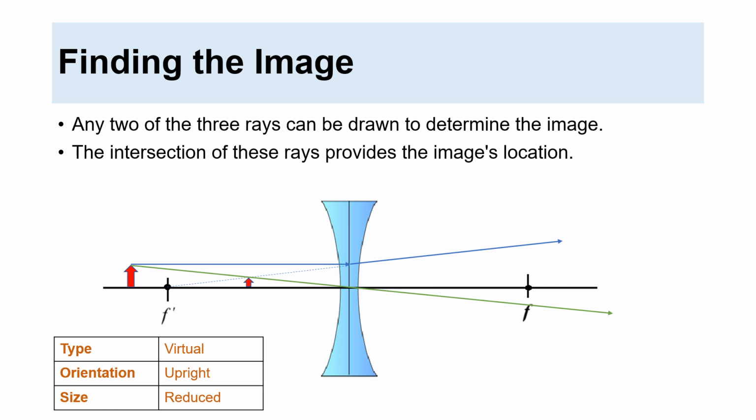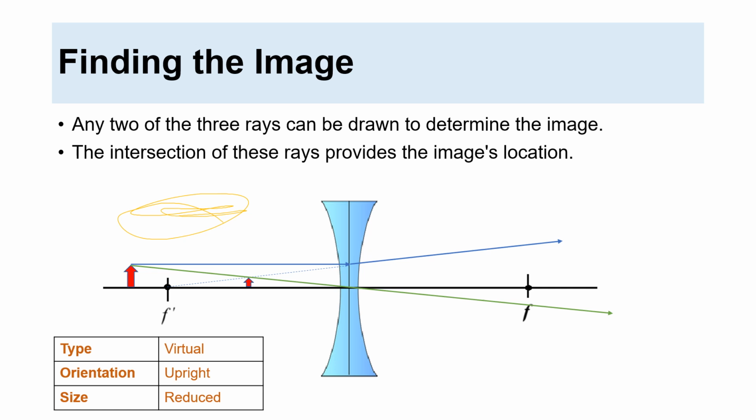If you're going to ask, what will be the basis in saying that the type of image is virtual? And when can we say that it is real? So for virtual images, the virtual images are formed on the same side as the object. So if this is the object and the image is formed on this side, the image is virtual.